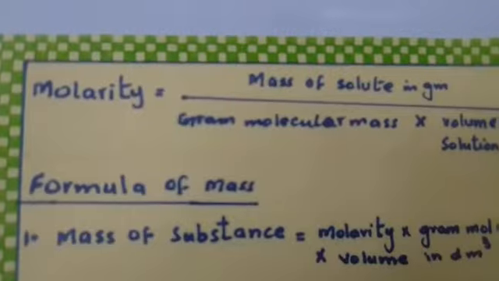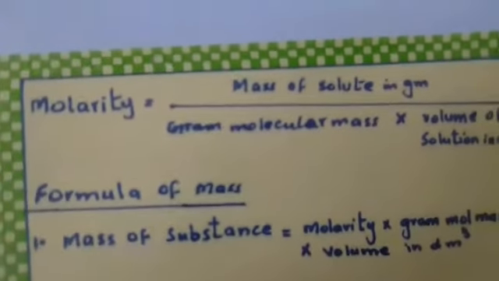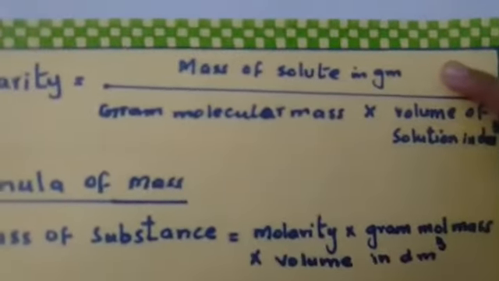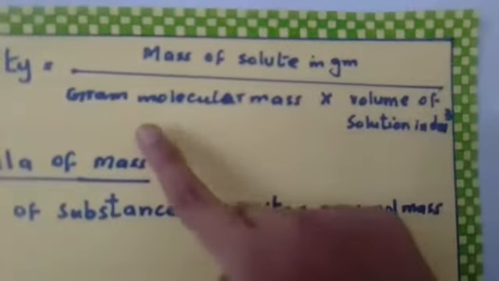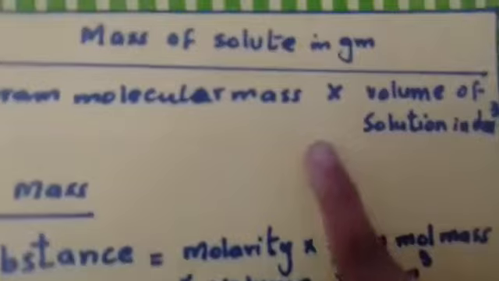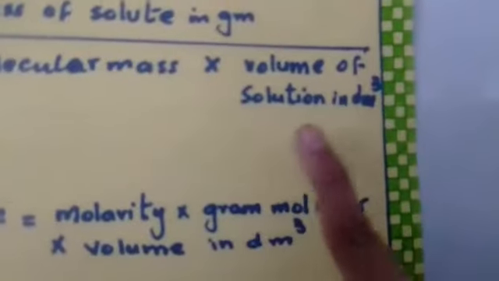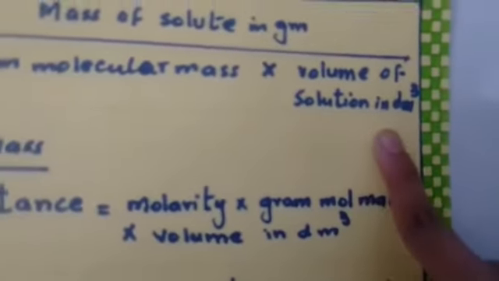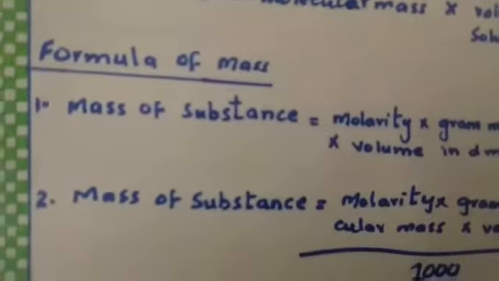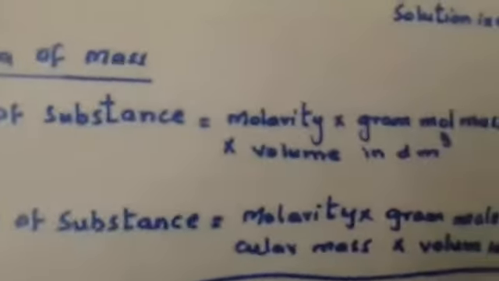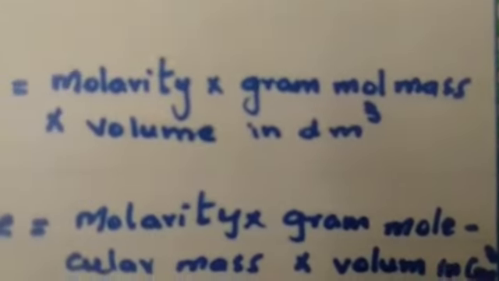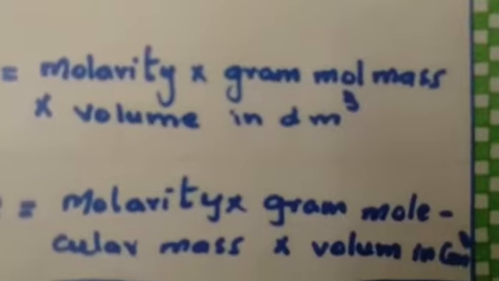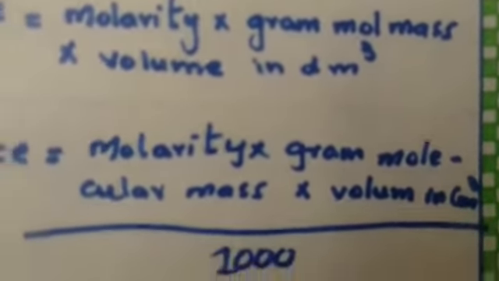So molarity equals mass of solute in gm divided by gram molecular mass multiplied by volume of solution in decimeter cube. The formula of mass of substance equals molarity multiplied by gram molecular mass multiplied by volume in decimeter cube.